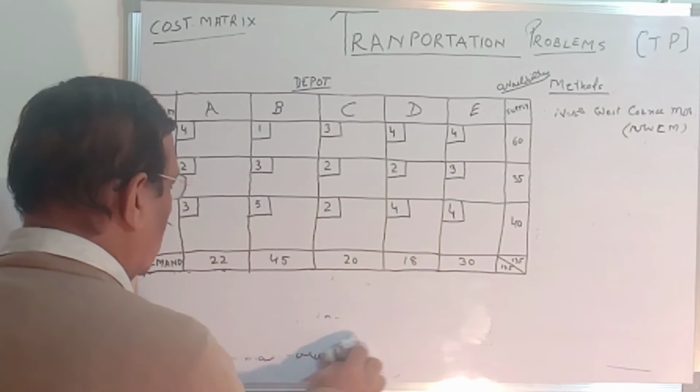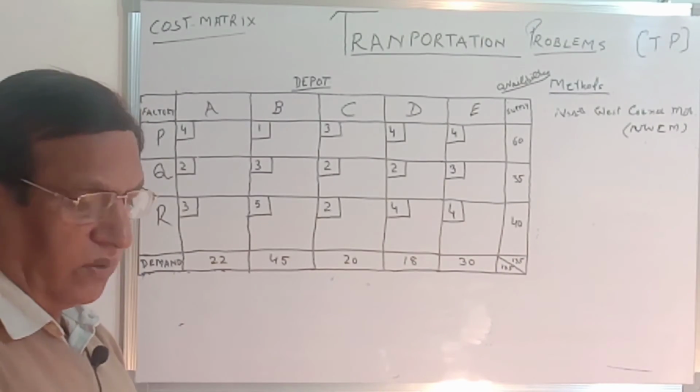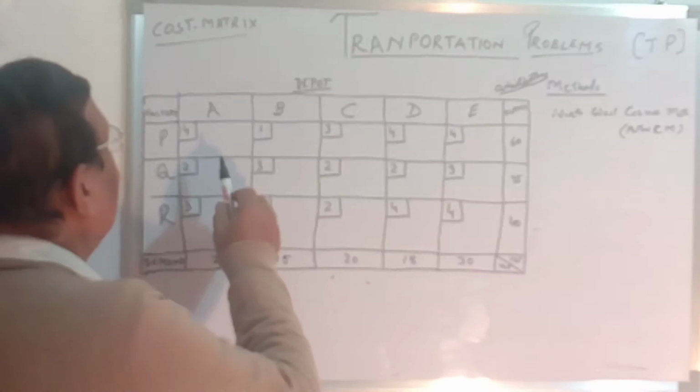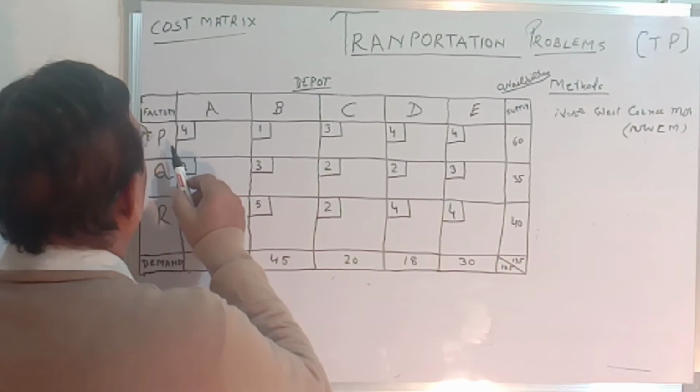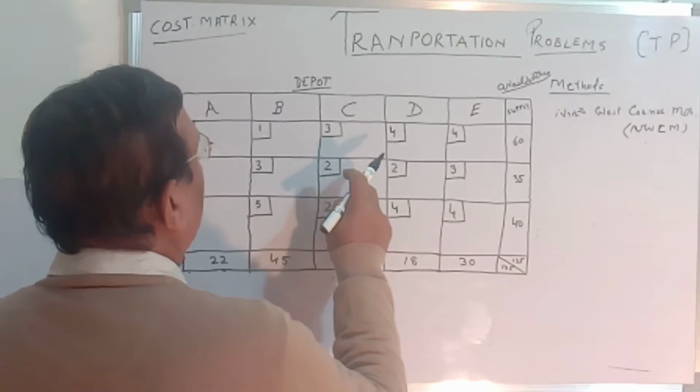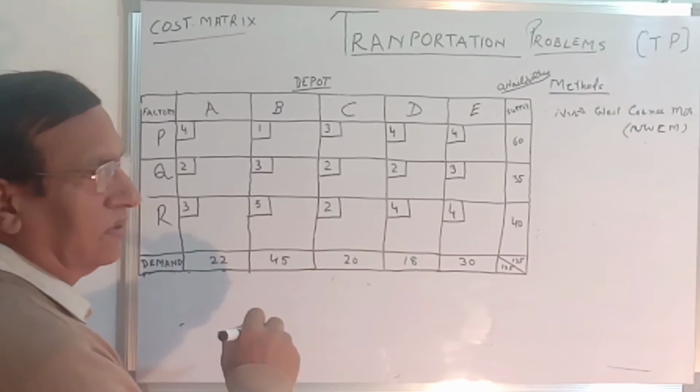This method is known as the northwest corner method. We know this is in matrix form, with a number of rows and columns. These are known as cells, first row, first column. Say if I put over here, this is the second row, third column.